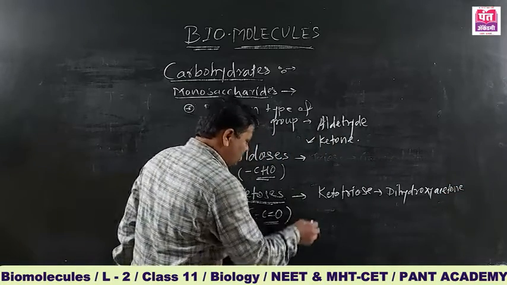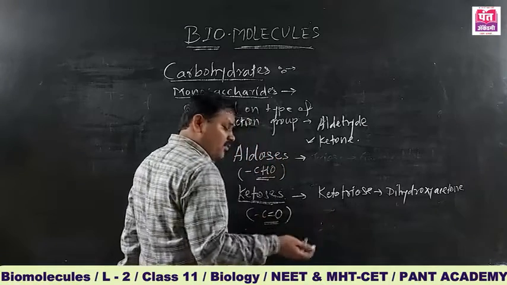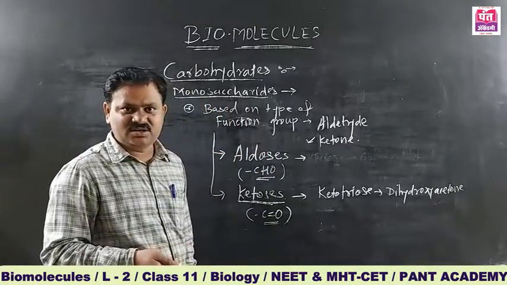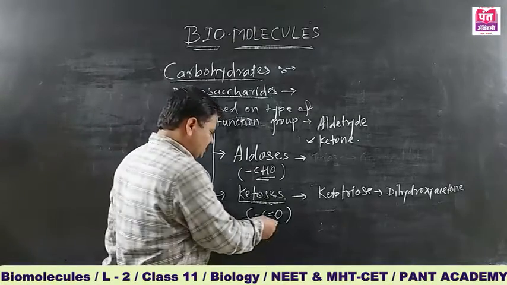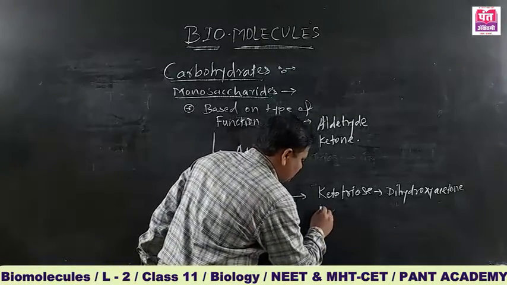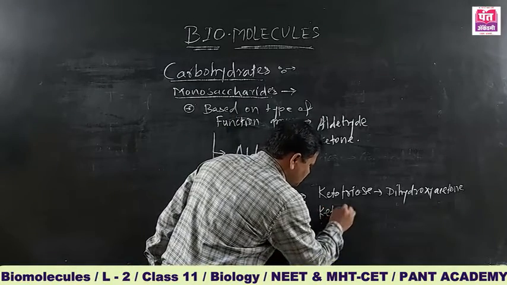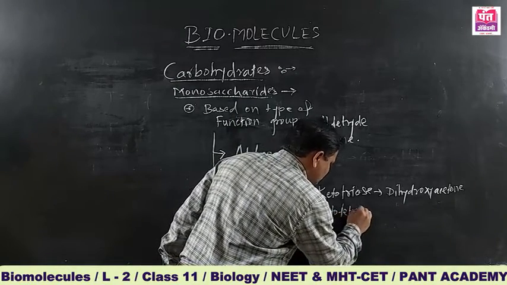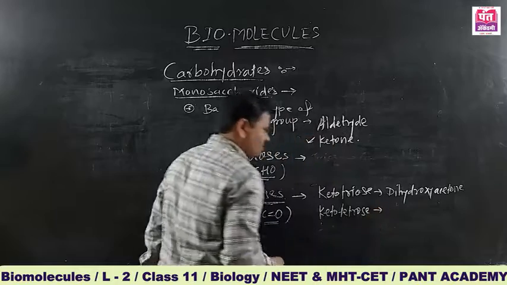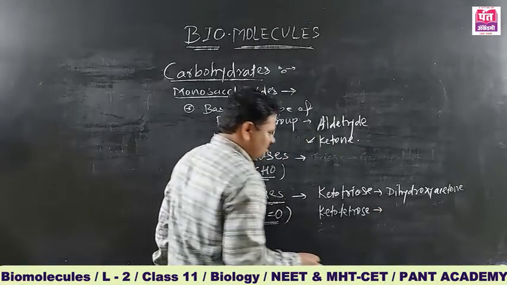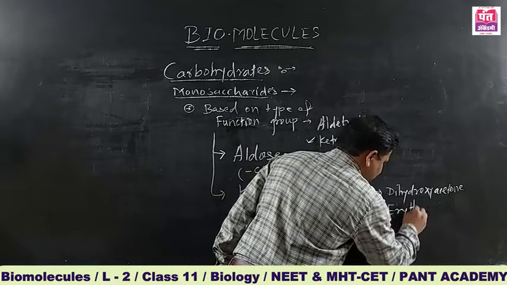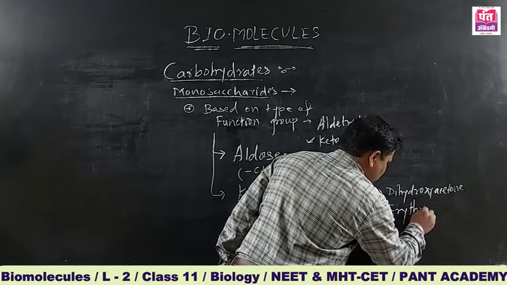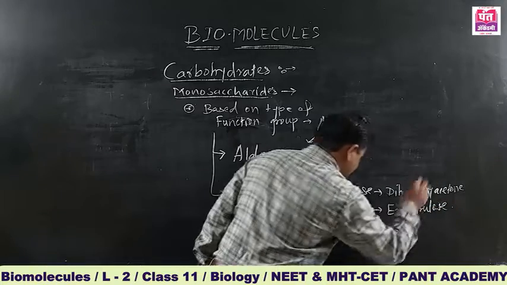Then if 4 carbon atoms are present in the sugar and it contains a ketone functional group, it is called a ketotetrose. Erythrulose is an example of a ketotetrose.